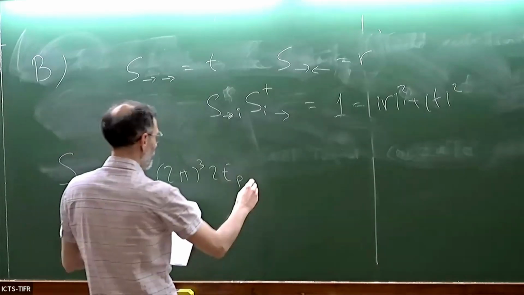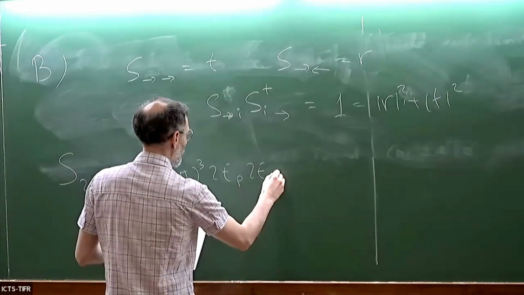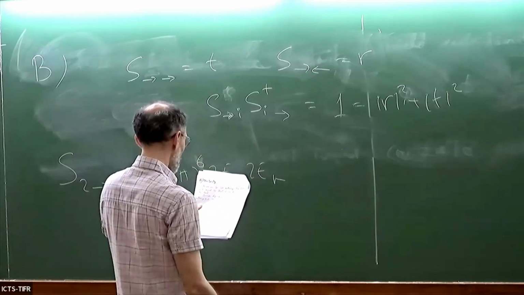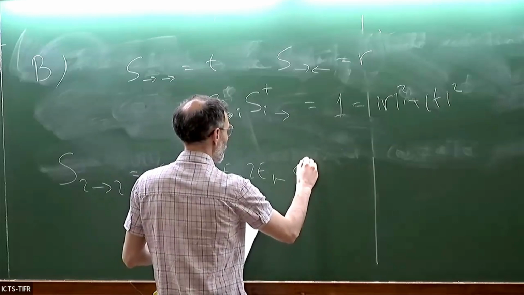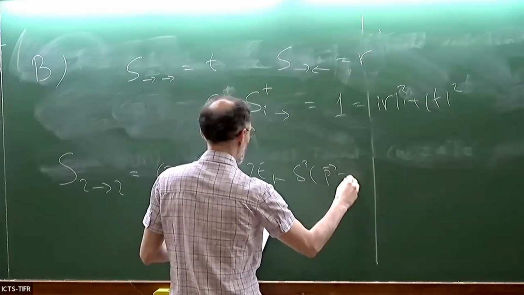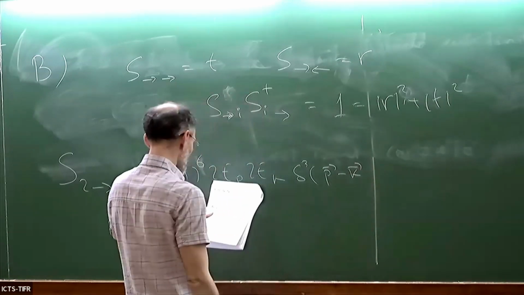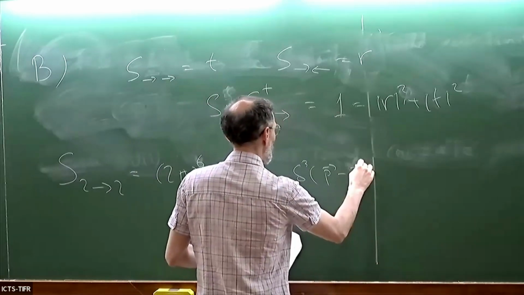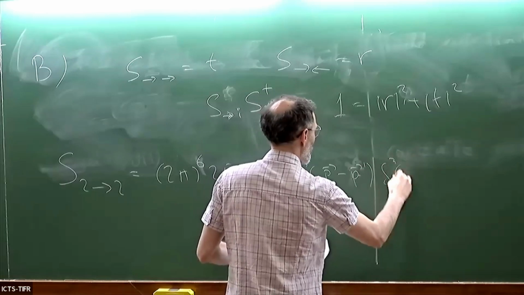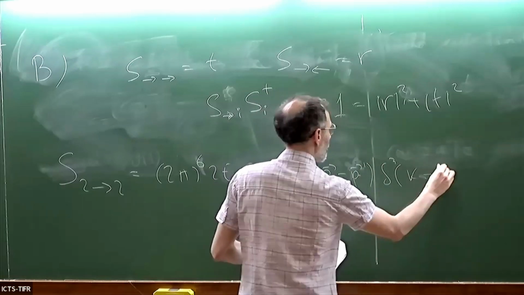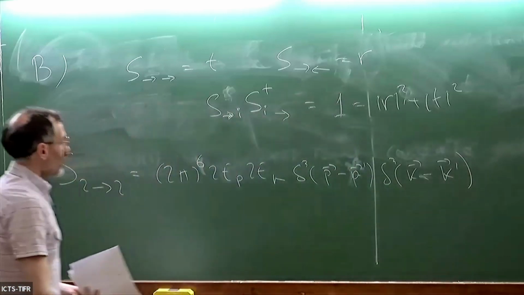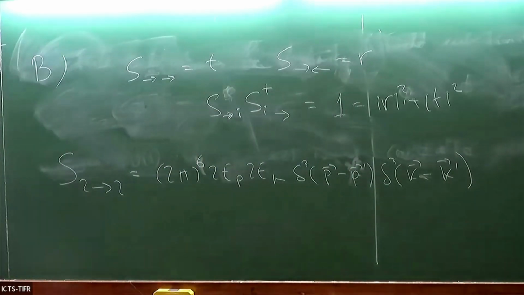I'm going to call this 2E_p, 2E_k to the 6th power, and 2 Dirac deltas for the 3-momenta, prime. That is what we would call the identity piece.